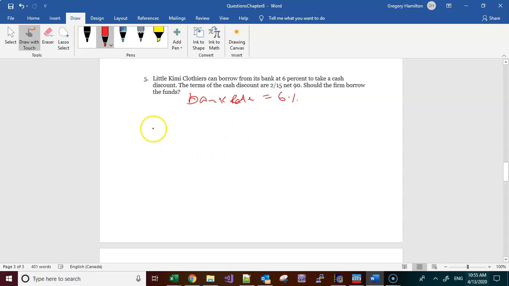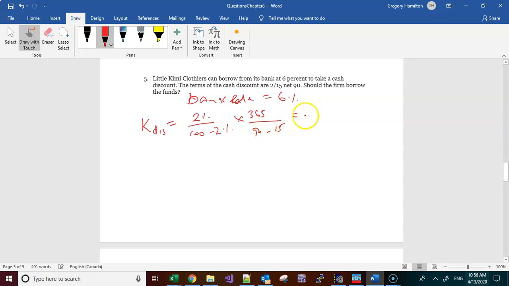So we have to calculate the cost of not taking the discount, which in this case is 2 over 100 minus 2, multiplied by 365 over 90 minus 15.